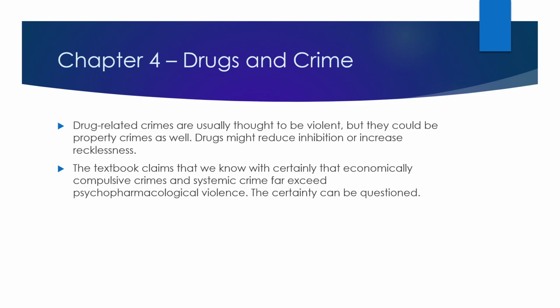But I think they may very well be right if they're excluding alcohol, because alcohol, for those who are old enough, is a legal type of drug. But it can be questioned if you include alcohol. There's not certainty there, I would say.